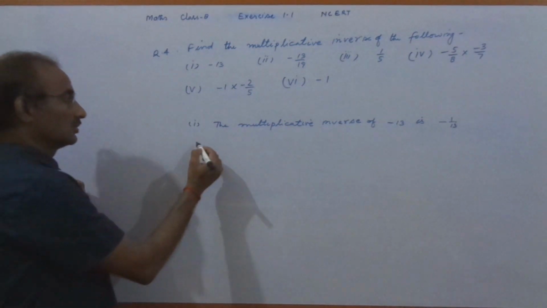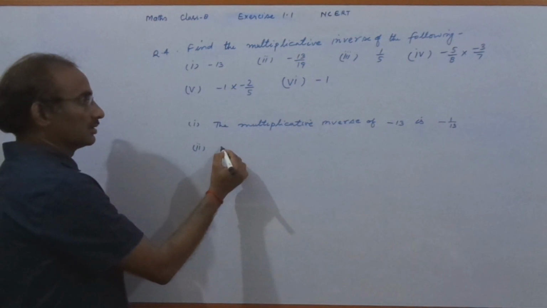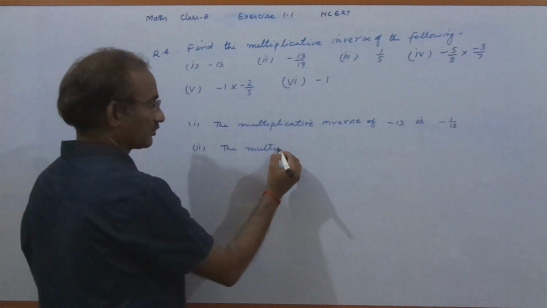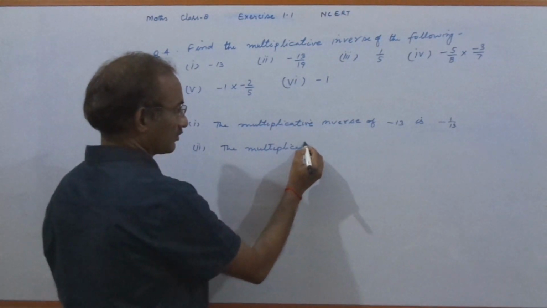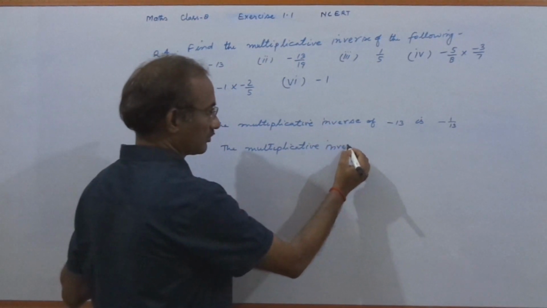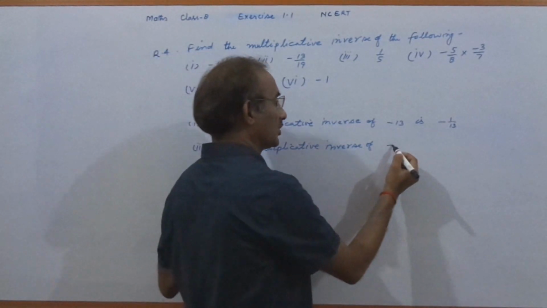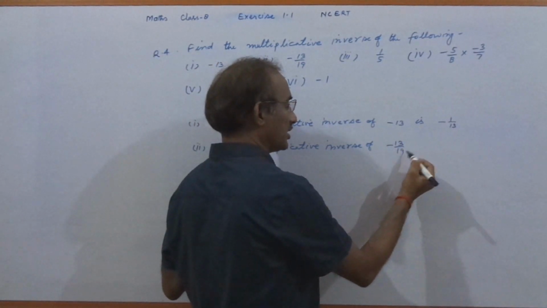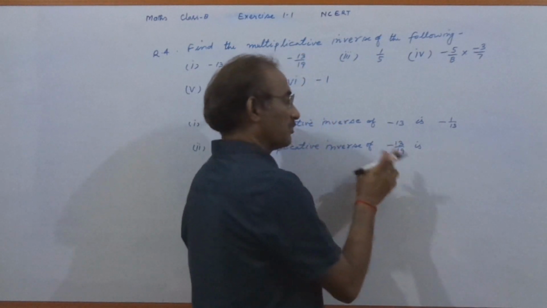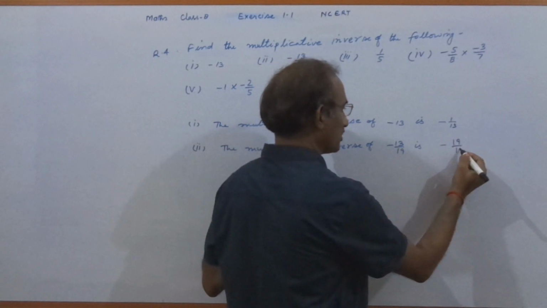Now come to the second question. The multiplicative inverse of minus 13 upon 19 is the reciprocal of minus 13 upon 19, which is minus 19 upon 13.